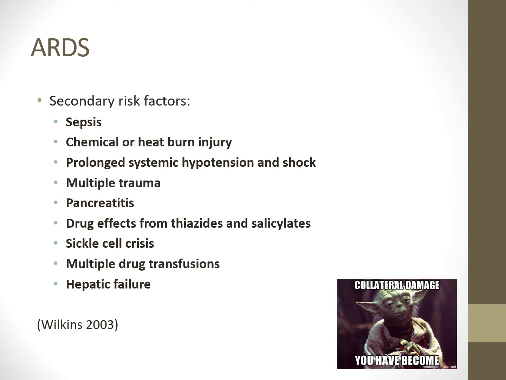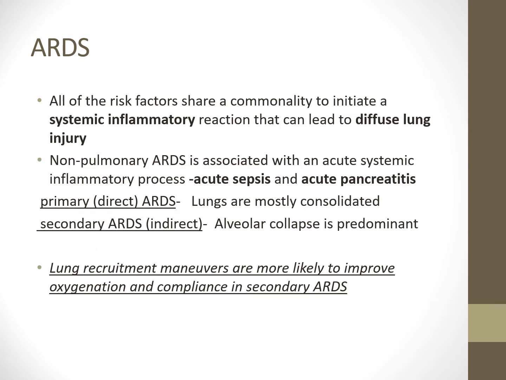This can be from sepsis, chemical or heat burn injury, prolonged systemic hypotension and shock, multiple trauma, pancreatitis, drug effects such as thiazides, which is a diuretic, and salicylates, sickle cell crisis, multiple transfusions, and hepatic failure. All of the risk factors share a commonality in initiating the systemic inflammatory reaction that really is what leads to the diffuse lung injury.